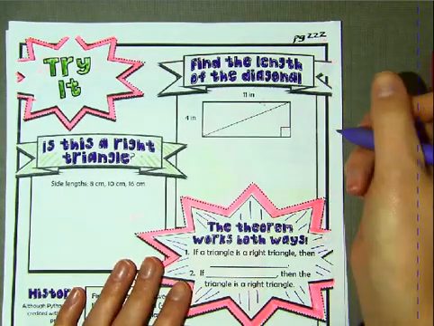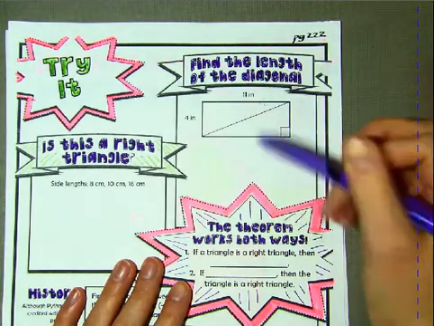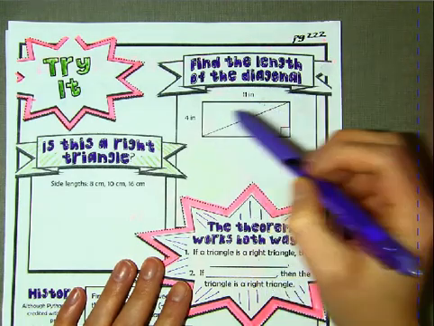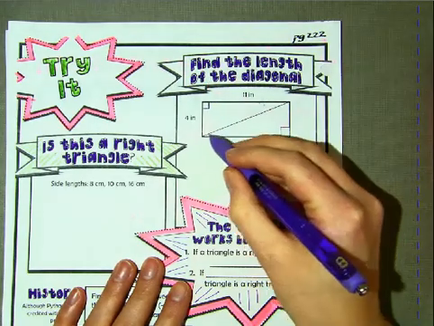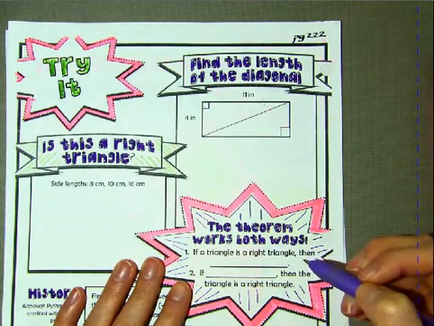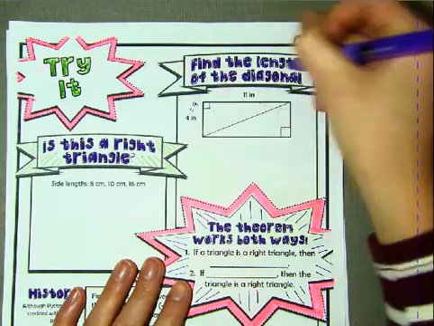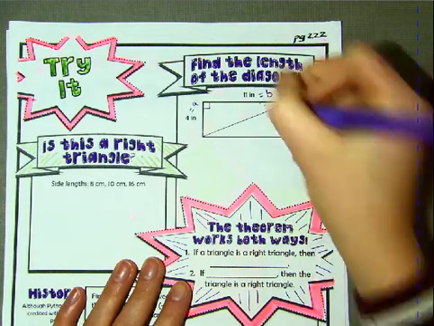So here they give us a rectangle with side lengths 4 inches and 11 inches and the diagonal. We see that this forms a right triangle, and this diagonal is our hypotenuse. So same thing, this is a side length, and this is a side length. So those are our legs, and we're trying to find c.